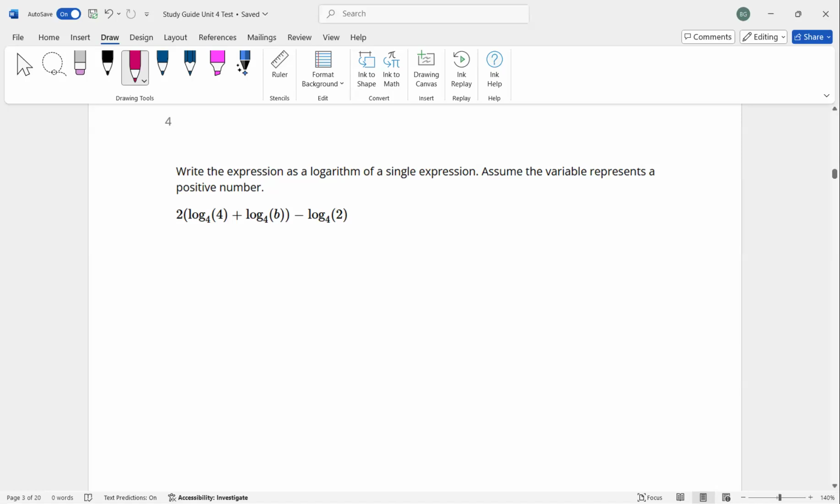Basically it's telling us to condense the expression. We have 3 logs with the same base. Actually, I see there's a parenthesis here, so let's deal with whatever is inside the parentheses first.